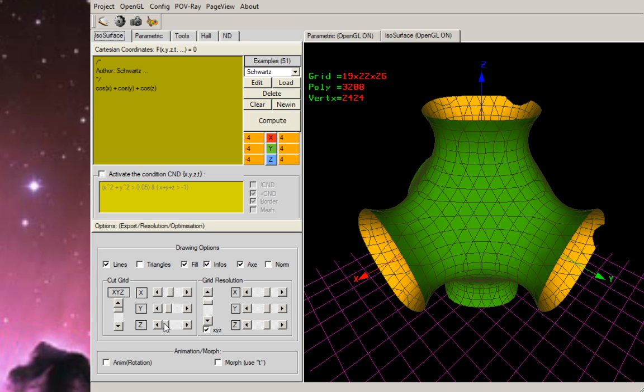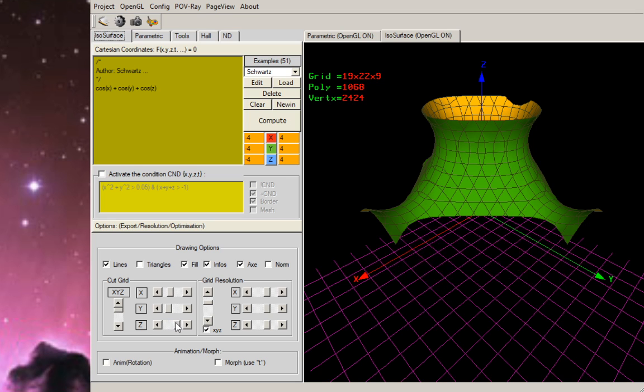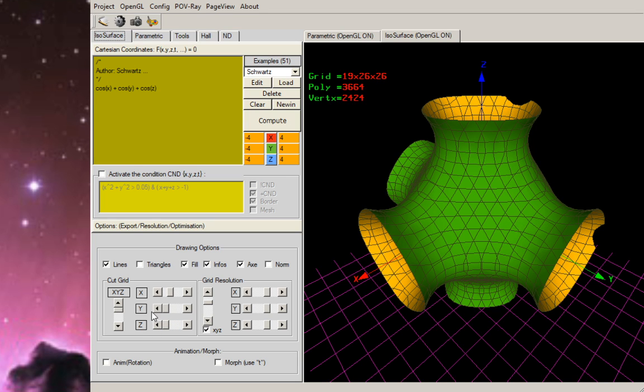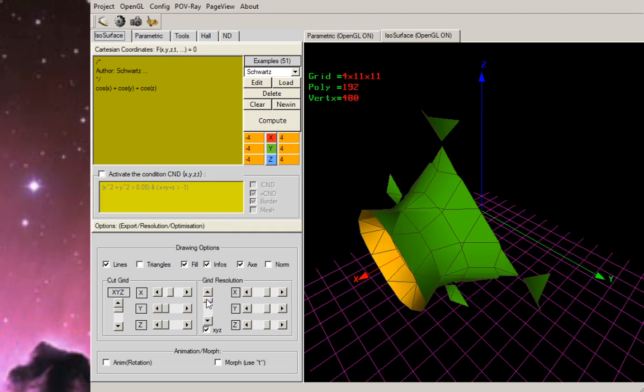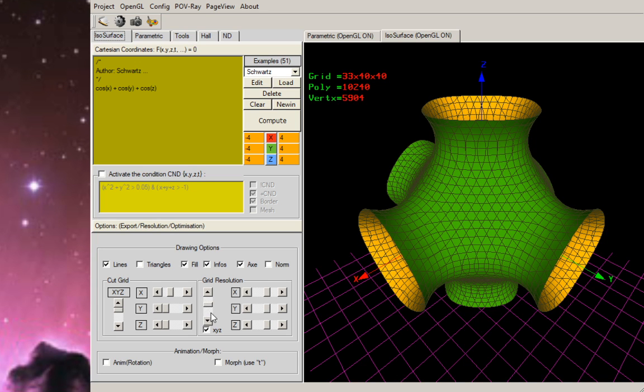See, I'm changing some stuff on each of the axes. This is a cute little program.